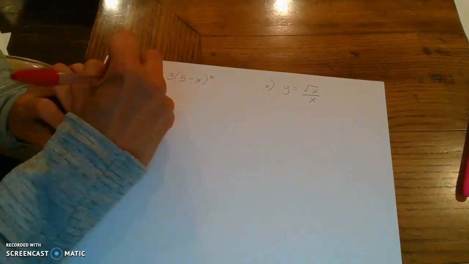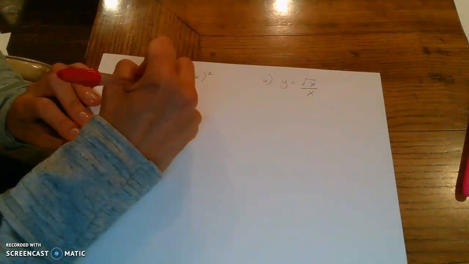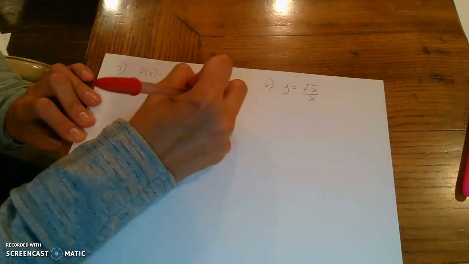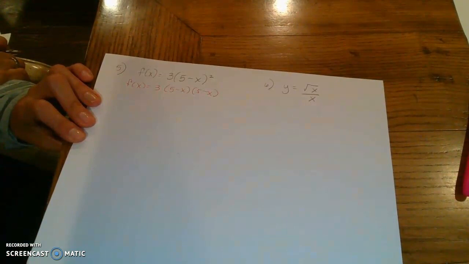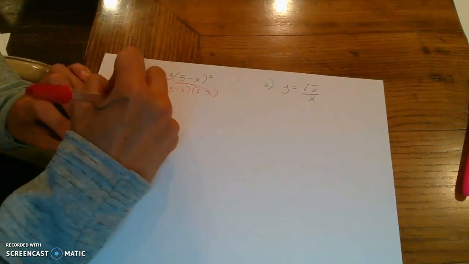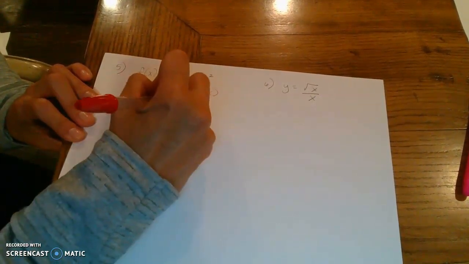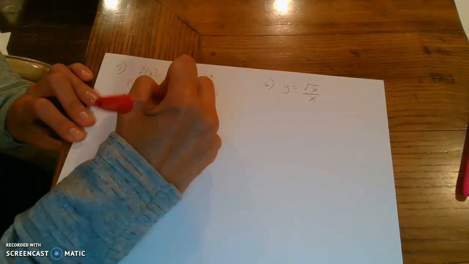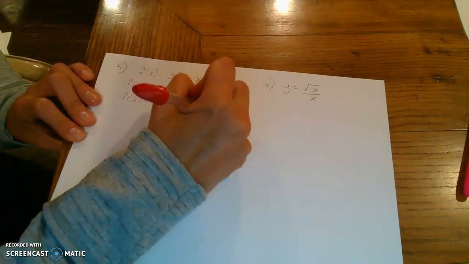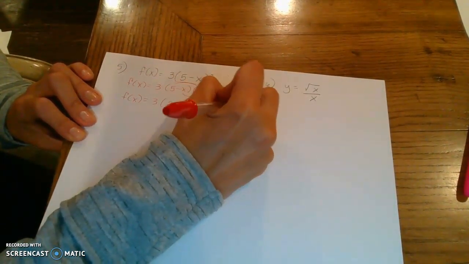So this tells me the only way to simplify this is to actually expand this out. And we know that when we have a binomial squared, we just have to double distribute, and we get f of x is equal to 3, and that becomes inside 25 minus 5x minus another 5x plus x squared.